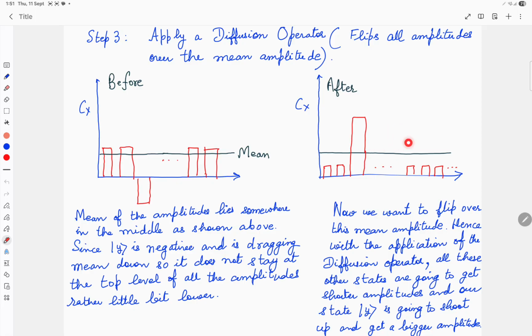So what the diffusion operator has done is it has flipped the target state amplitude and amplified it. And secondly, it has also suppressed other amplitudes so that the chances of getting this amplified target state as the measurement output become as high as possible.